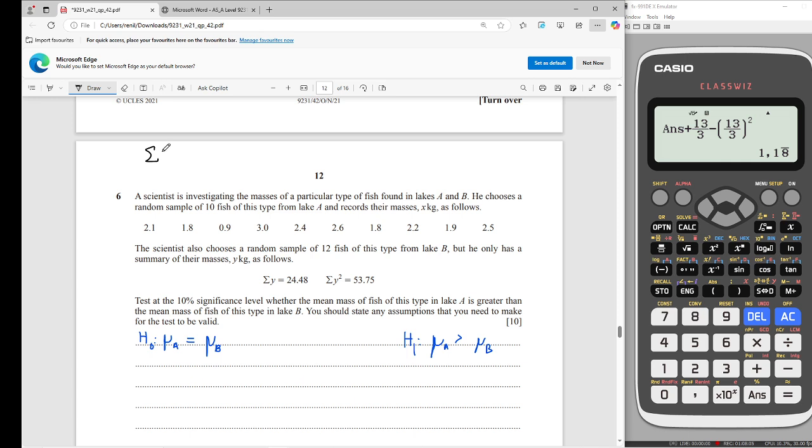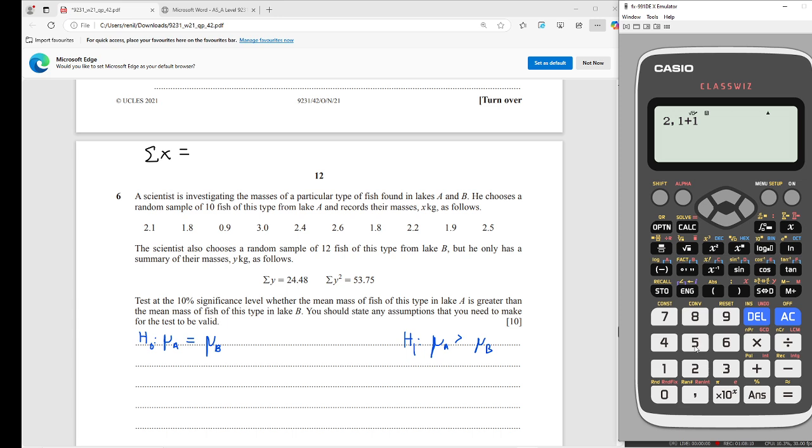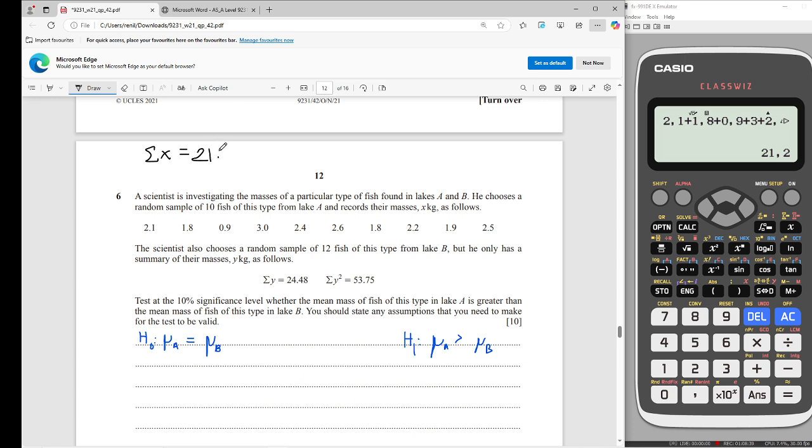So the sum of x is equal to 2.1 plus 1.8 plus 0.9, 3, 2.4, 2.6, 1.8, 1.8, 2.2 plus 1.9 plus 2.5, and this is equal to 21.2. So let's put that here.